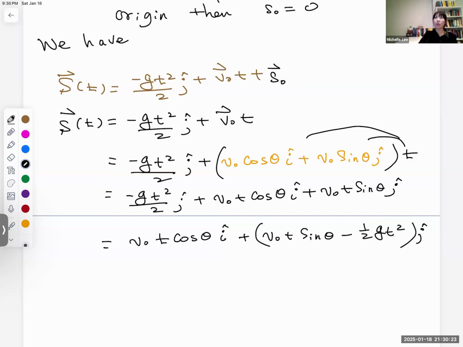So actually we create this formula here. This is the formula, all right? Okay, let me write down, highlight this one. So this is the formula for projectile motion.